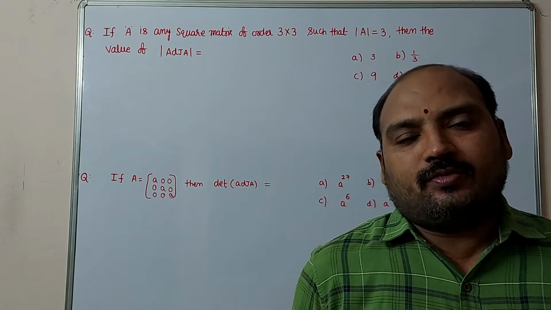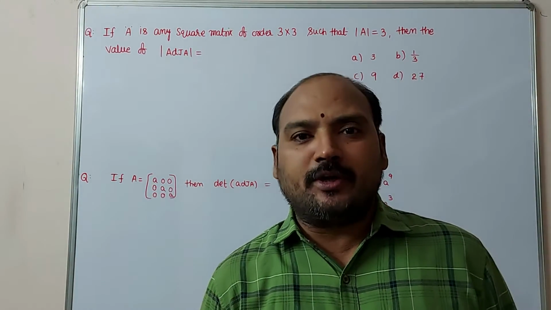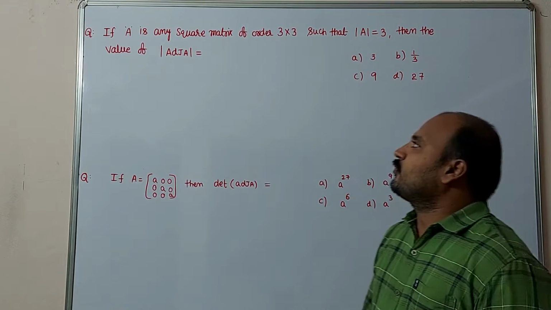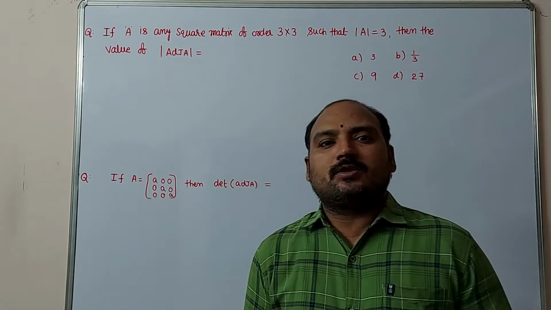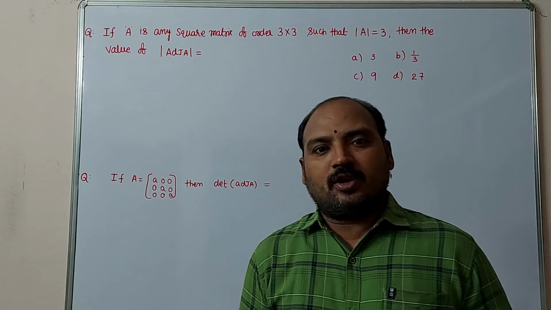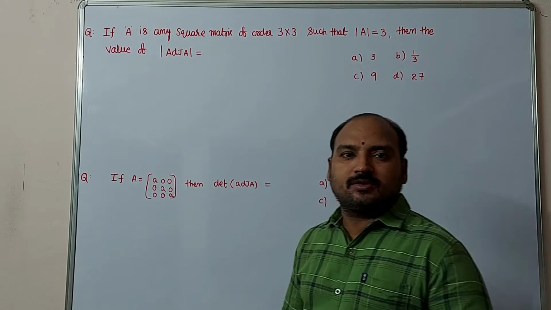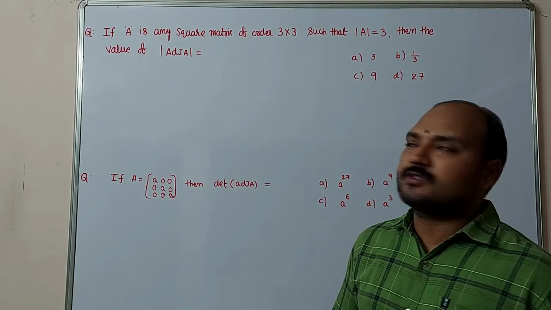In this video, we are going to discuss determinants, which belong to JEE Mains and EAMCET. We already discussed different questions of determinants in the first video, and a few more questions we are discussing about different concepts.